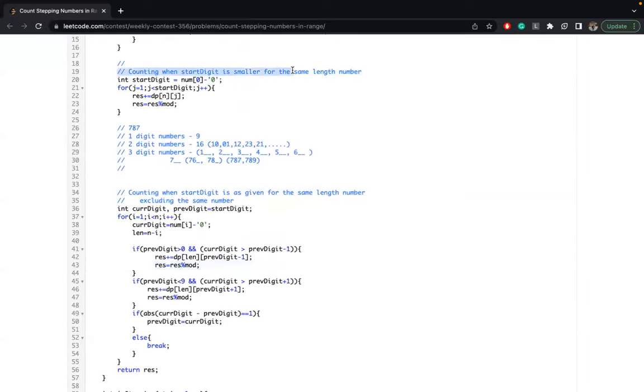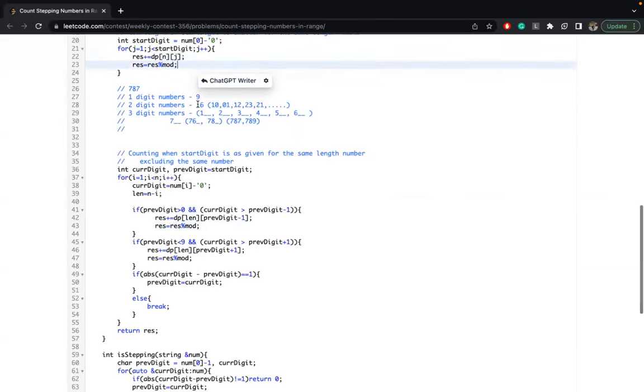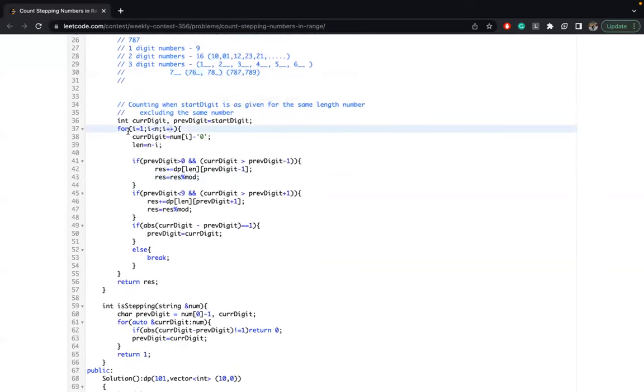So counting when the digit is smaller for the same length number, like any number starting with 6 till 6, these are counted with DP. Okay, and now for starting with 7 for 787, I'm looking at the digit.